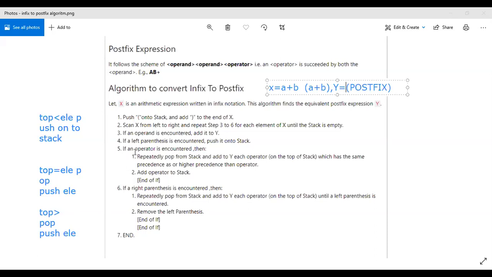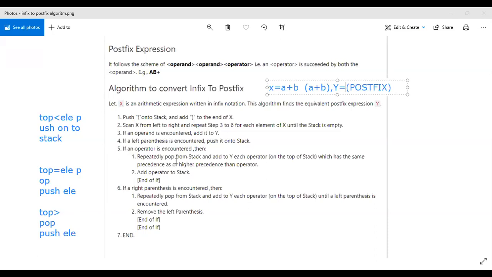Whenever an operator is encountered, what do we have to do? Whenever an operand is encountered, there is nothing to do; we just output it, or add that element to the postfix.